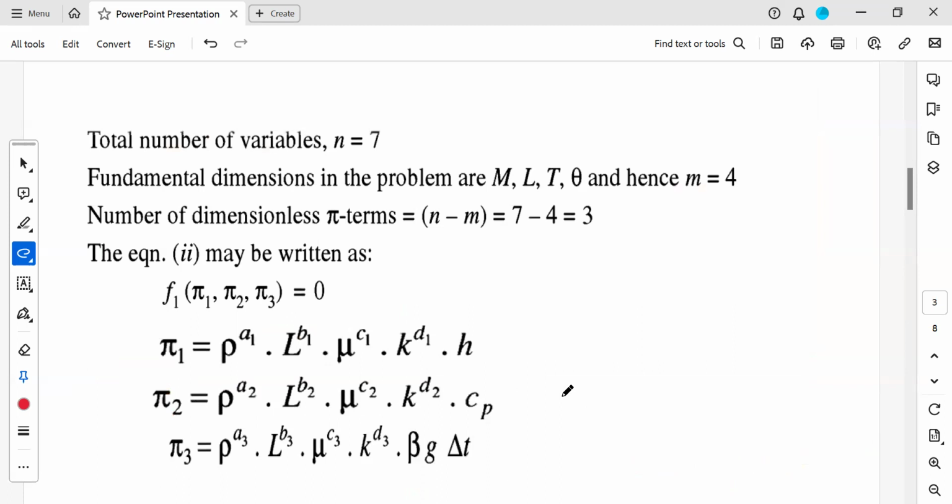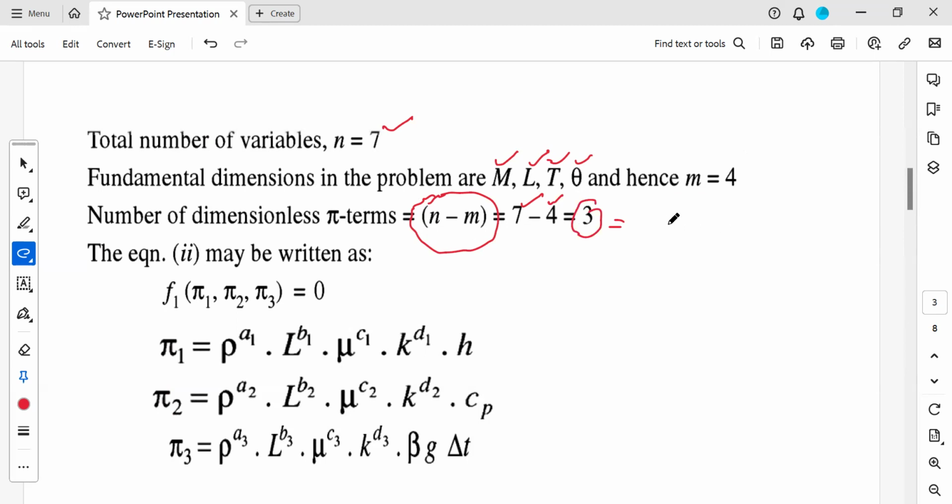According to Buckingham's pi theorem, if there are n variables, that is 7 variables, containing M, L, T, theta, then all the variables are grouped into n minus m dimensionless terms. That is, n is 7 and the number of fundamental dimensions is 4, so n minus m is 3.